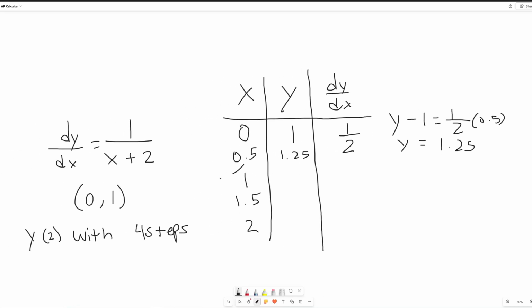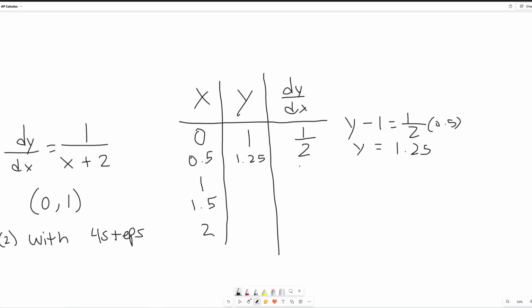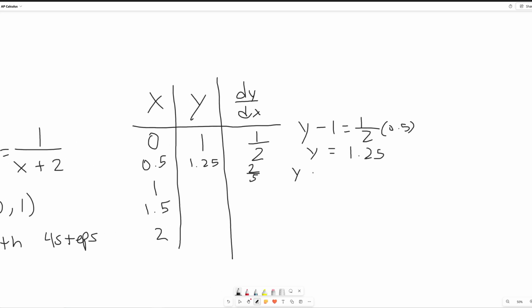Okay, now x equals 0.5 into here. 1 over 0.5 plus 2 is 1 over 2.5, which is 2 over 5. Okay, y minus 1.25 equals 2 over 5 times x minus 0.5.